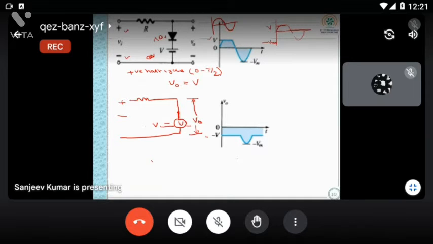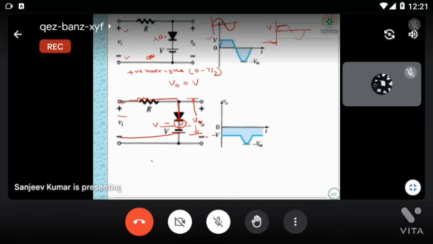Because I told you the parallel clipper is easier than the series clipper, since you can see the diode is parallel to the load. Whatever voltage we get here will be reflected at the output.